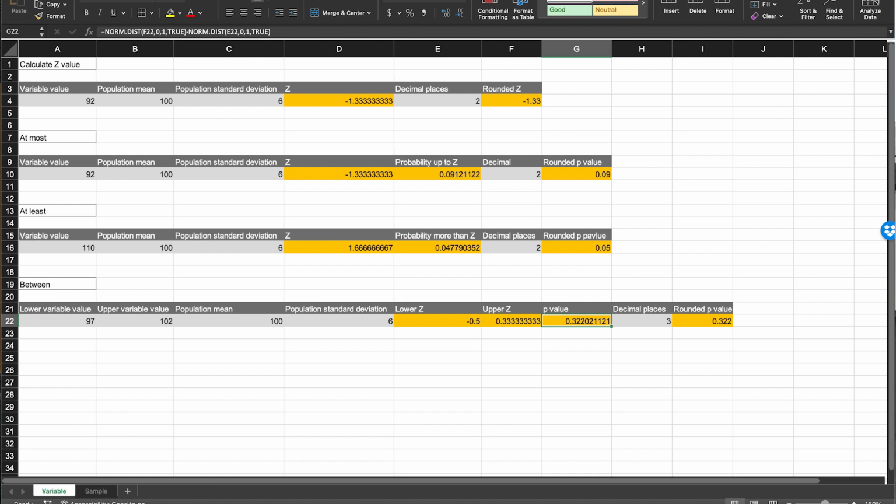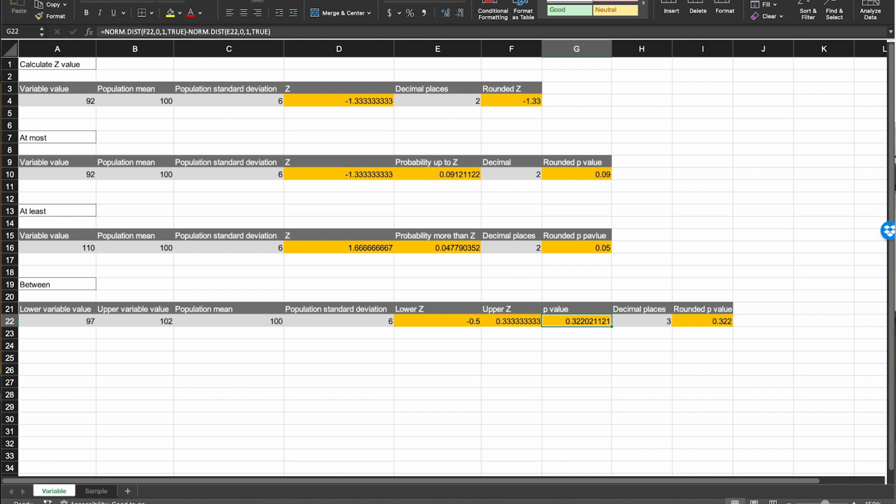Please note that there are two tabs, two sheets under here. There's variable, and then there's this thing we'll discuss next week. So make pretty sure that you're on this one that says variable. And so there's an easy way for you to do that z calculation.